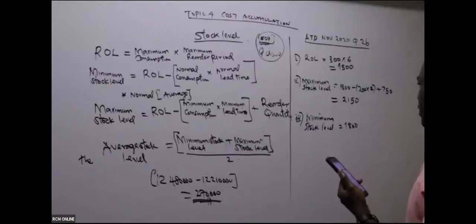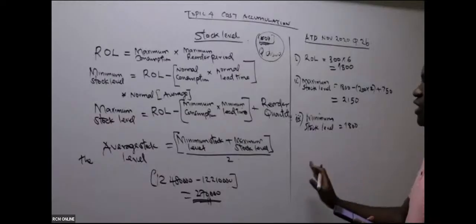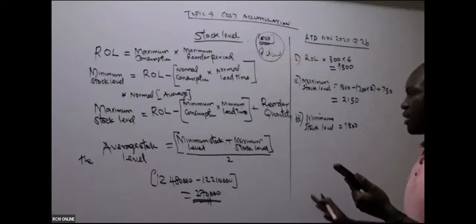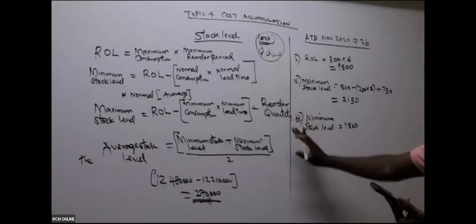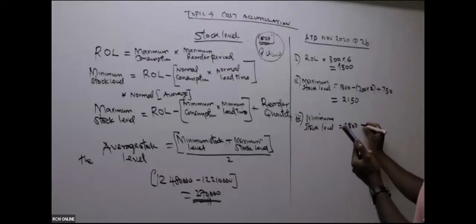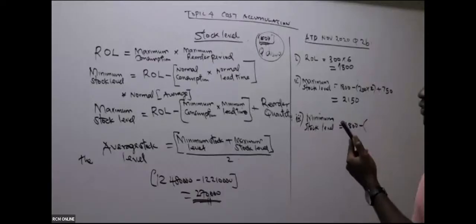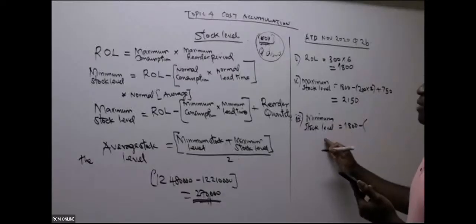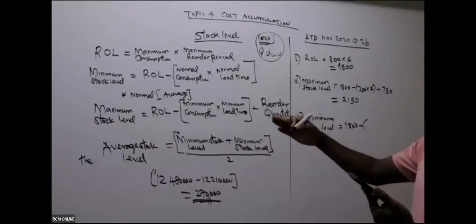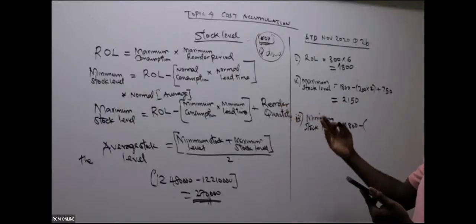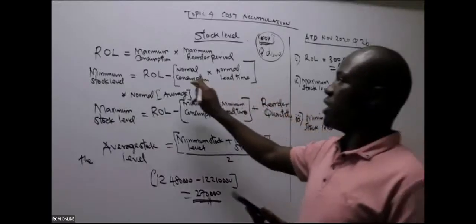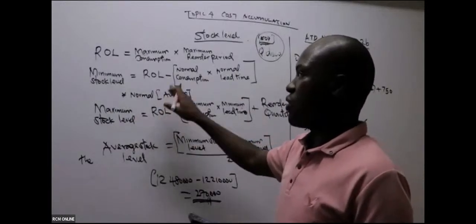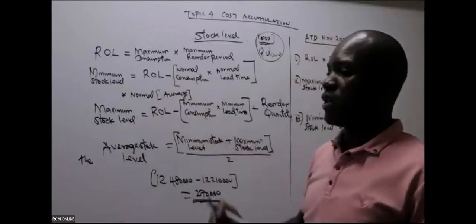So ATD students, we are actually giving you something to do, you can see we have 10 marks. We are now delivering 10 marks to you, free of charge. So just make sure you're able to get everything there. Minimum stock level, reorder level minus normal consumption times normal lead time. If you don't have the word normal, then locate the word average consumption, average lead time.